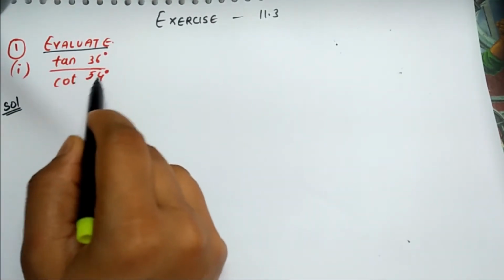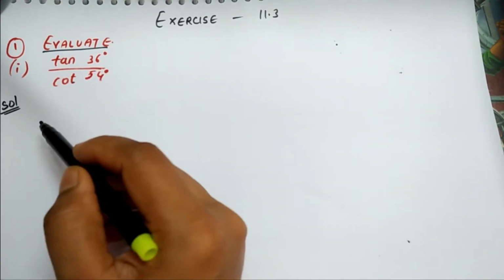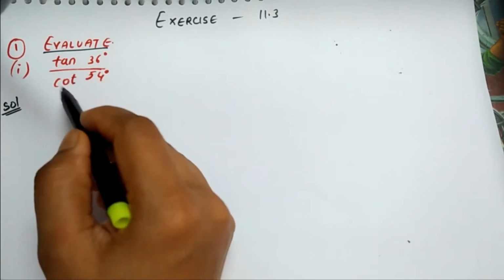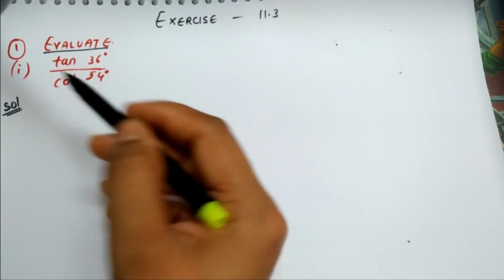Exercise 11.3. The first problem, the first bit: evaluate tan 36 degrees divided by cot 54 degrees. Generally, in all the problems, it will be giving a relationship between them. Like for the tan, it's a cot, for sine it will be a cos, and secant will be cosecant.